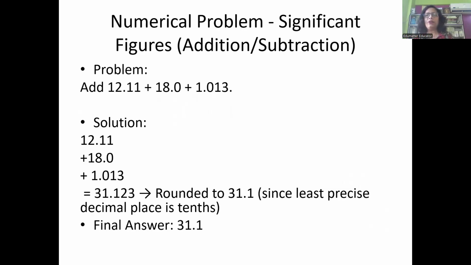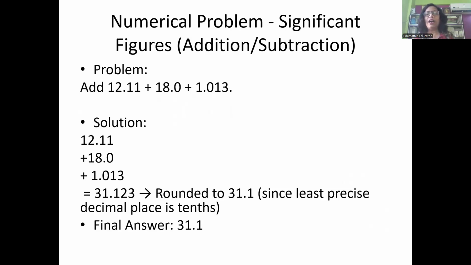Now to obtain the correct number of sigfigs in the answer, we need to round it off to 31.1. Why? Because the least number of significant figures given in the question is 3, in 18.0.